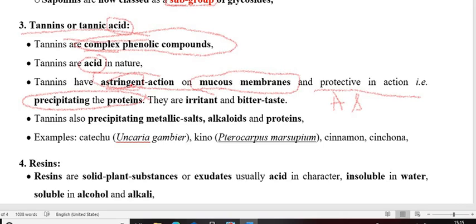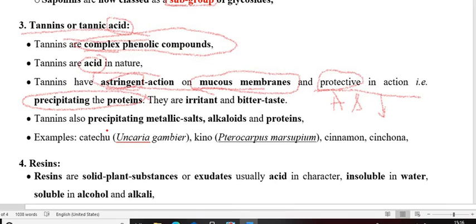Another important point is that when you give an astringent in the GI tract, it is going to precipitate the protein of the mucous membrane of the gastrointestinal tract and form a protective layer, and therefore it reduces the absorption of toxic principles present in the gastrointestinal tract.